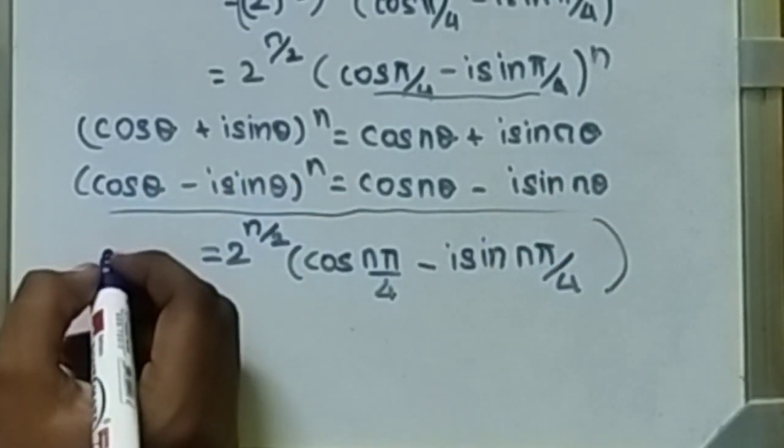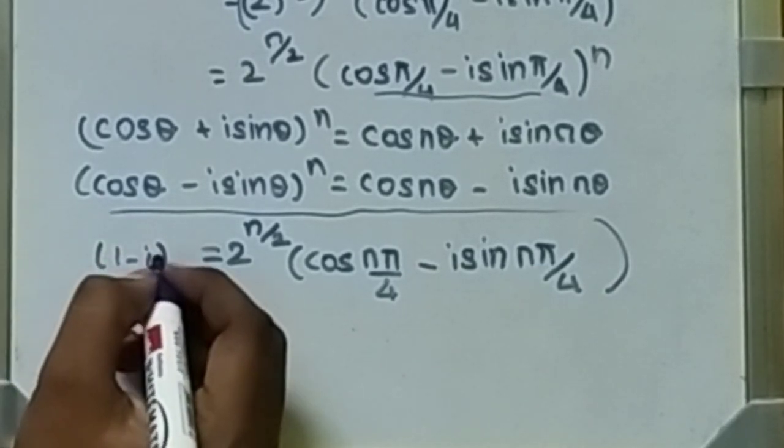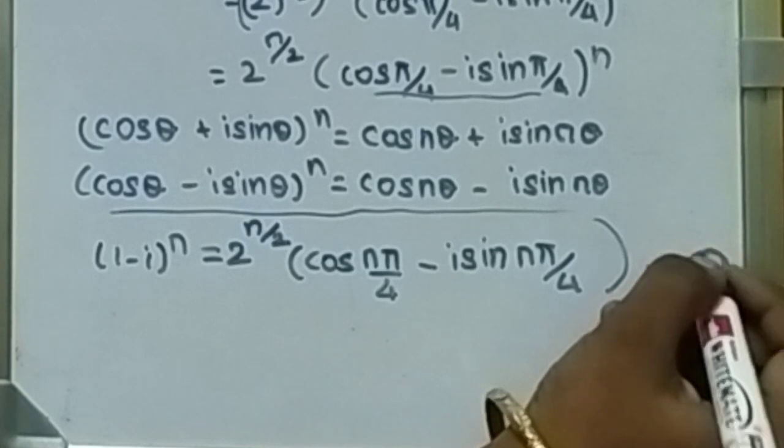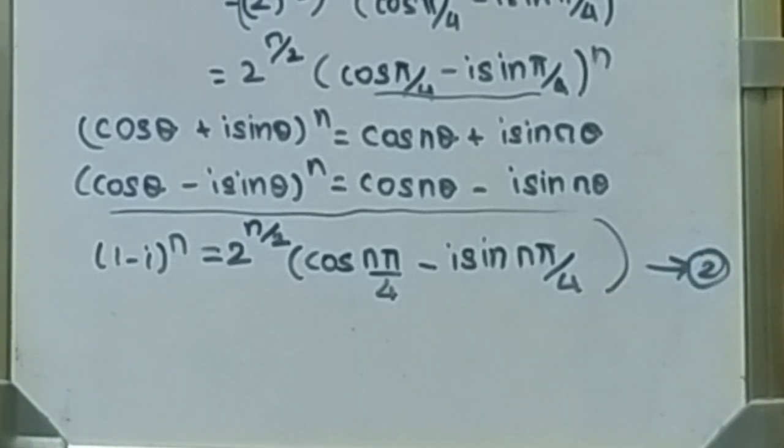So now we have found the value of 1 minus i power n, which is equation number 2. Already we have equation 1, that is the value for 1 plus i power n. So now we find the equation for 1 minus i power n.